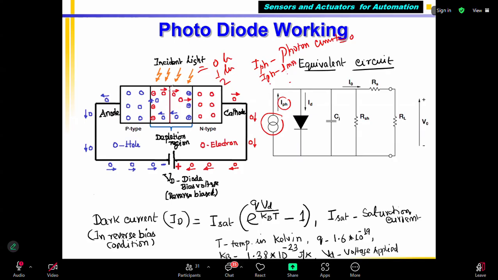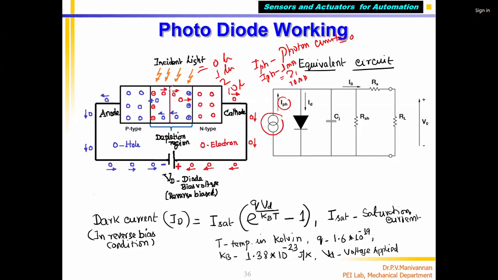If 2 lumens, it will produce 2 milliamps. If 10 lumens of light hit the base, it will produce 10 milliamps of current. For example, I'm saying it can be microamps, nanoamps, picoamps, or milliamps, depending on the type. That is what is shown here.